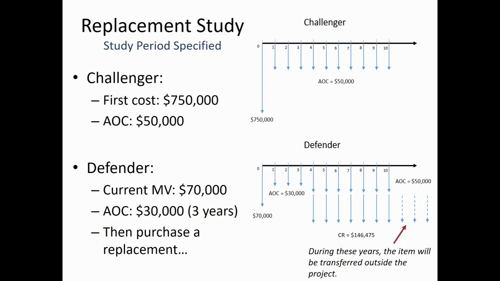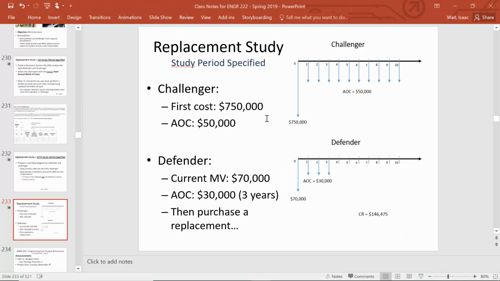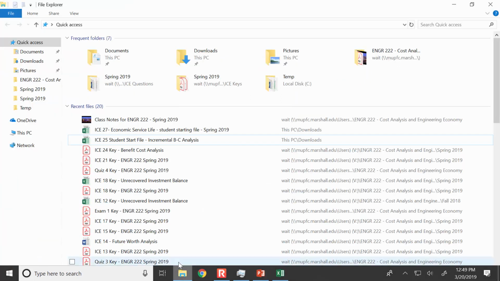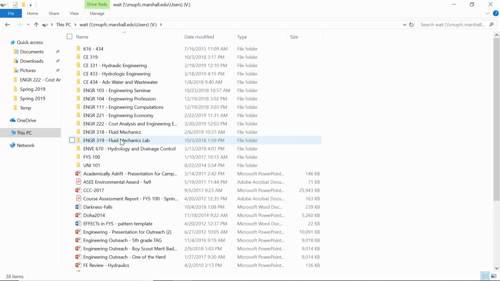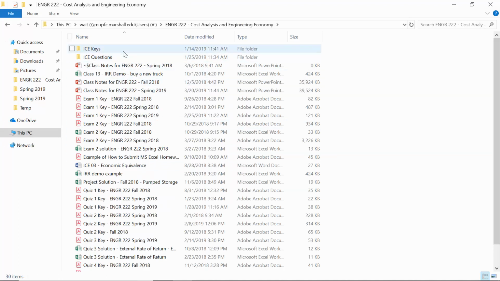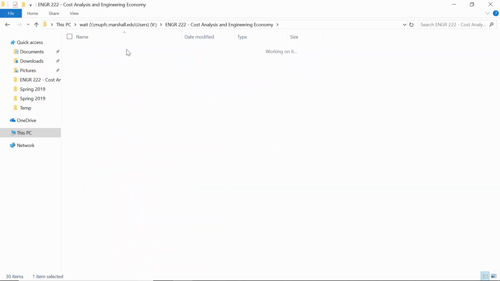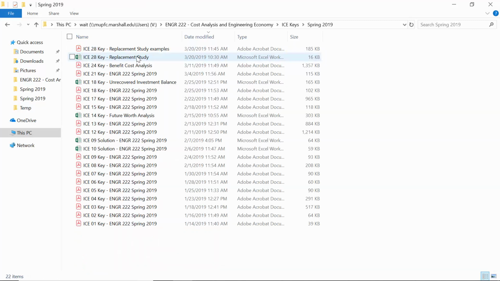So your procedure there was going to be find P given A. So you take both of those to year 3, from 3 to 0, and then from 0 to 1 through 10, the annual series. And so let me just show you what that looks like. I mean, it's nothing that you haven't done before. It's just been a little while, so maybe it seems unfamiliar. Let me pull it up.